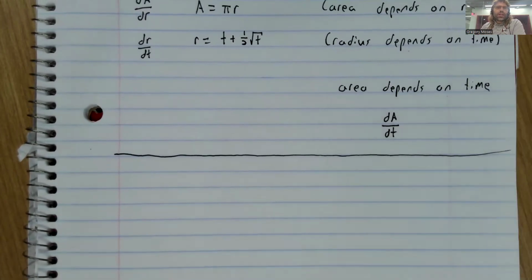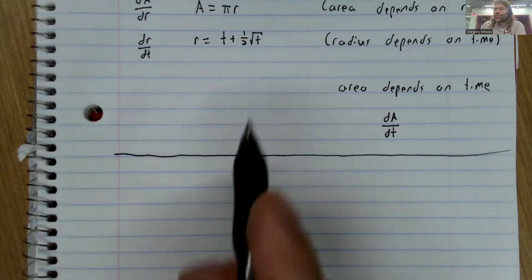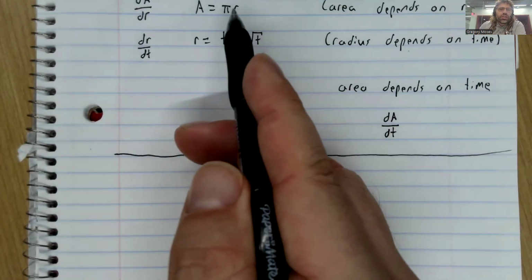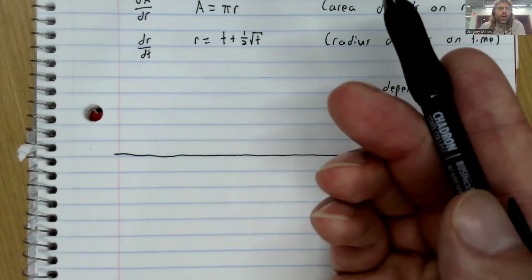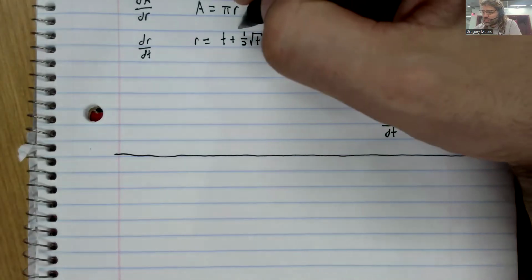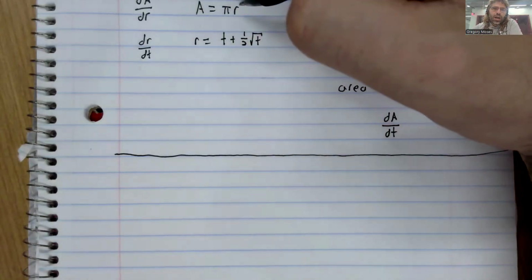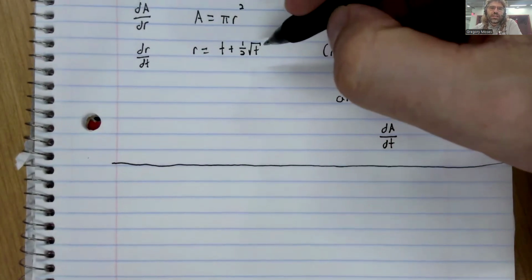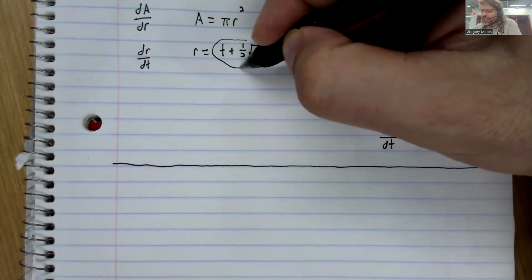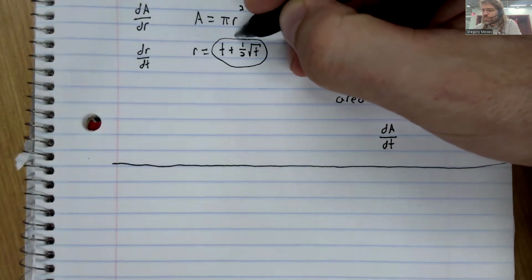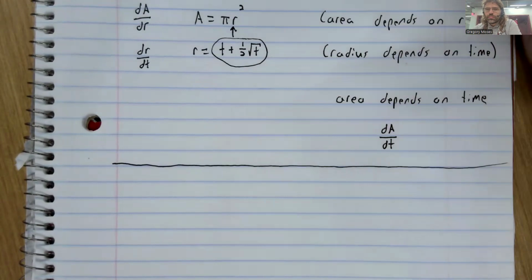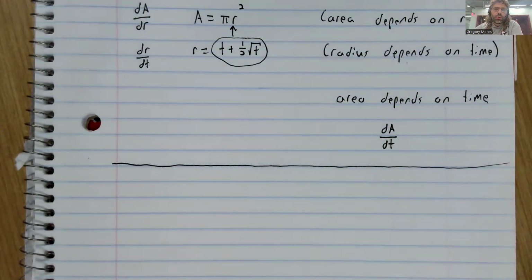And the answer to that lies in the chain rule, because the chain rule is a method for dealing with compositions. And even though we don't have function notation here, if A depends on r and r depends on t, then we can do a composition, function notation or not.